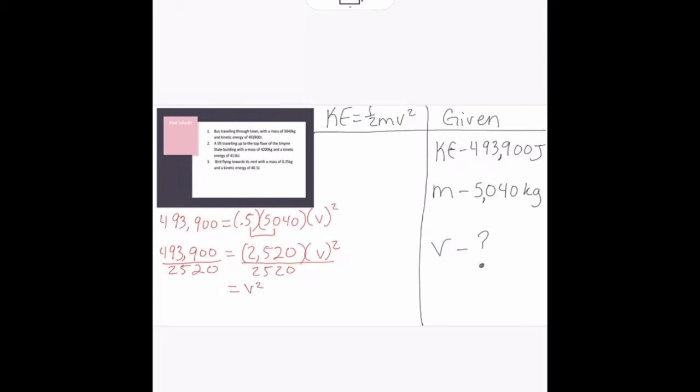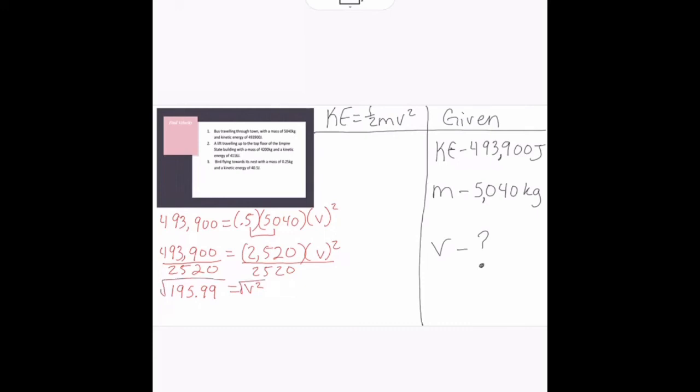493,900 divided by 2,520, and we have 195.99, and we're not done yet. So we need to find the opposite of the square, which is the square root.